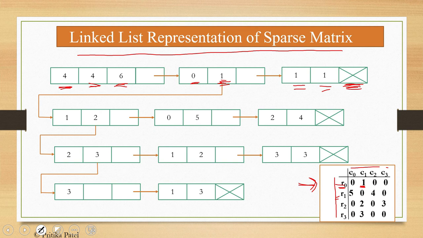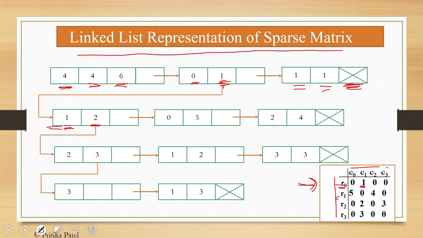Now this row is pointing to the next row, which is row 1. So the row node has row number 1 and points to the next row, row number 2.